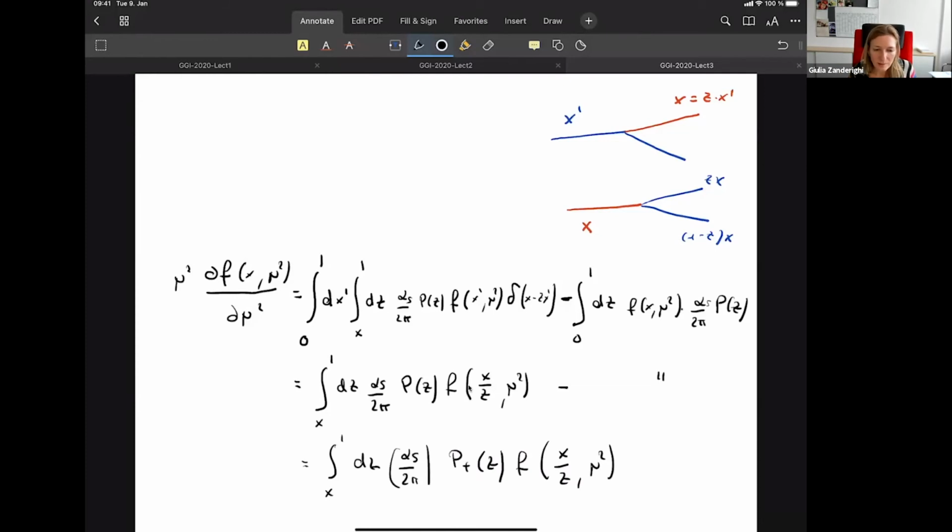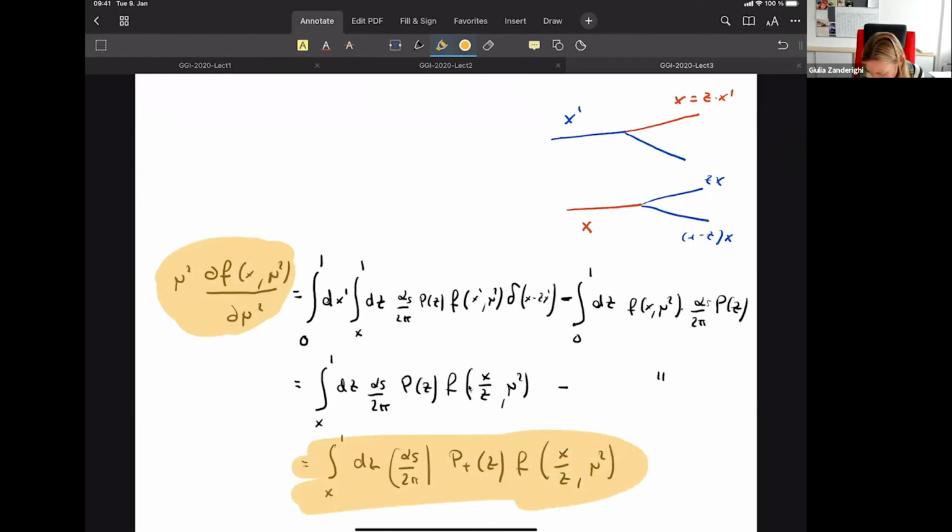Now I derived this in a very naive way, but this equation that I wrote here, the fact that the change in scale of the parton distribution function is given by this expression, is known as the DGLAP equation, by Dokshitzer, Gribov, Lipatov, Altarelli, Parisi, formulated in the 70s.